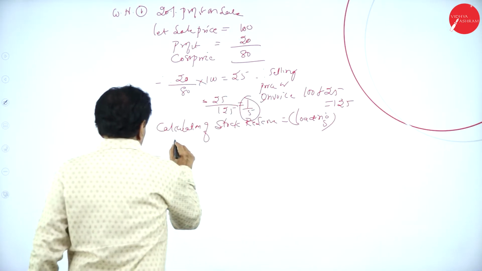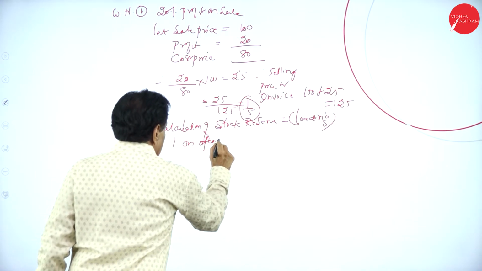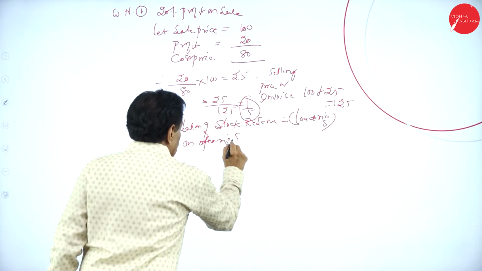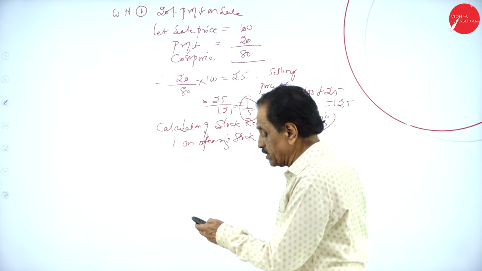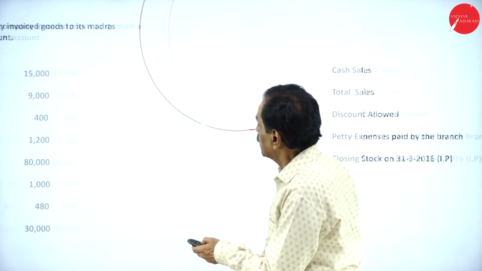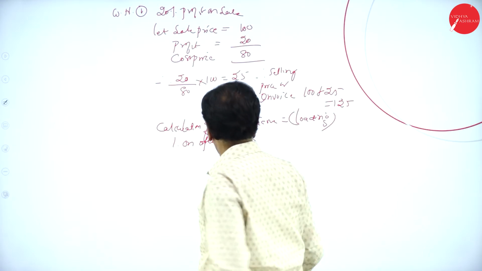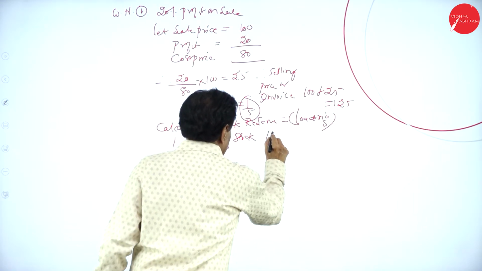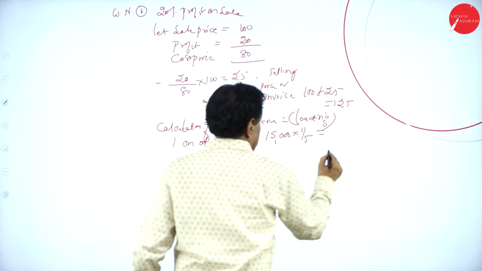Number 1, on opening stock. See, what's the opening stock? 15,000. 15,000 into 1 over 5, that is 3,000.